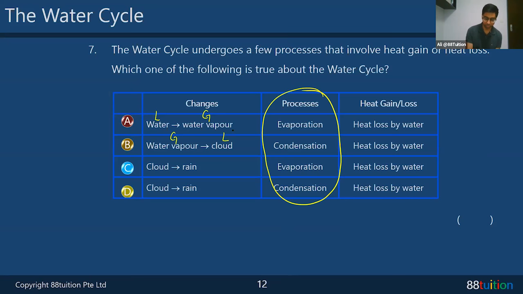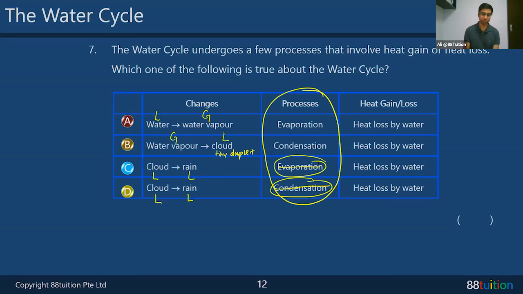Then cloud is tiny droplets, so liquid to liquid. That means there's no change in the state, so there cannot be any process called evaporation or condensation.